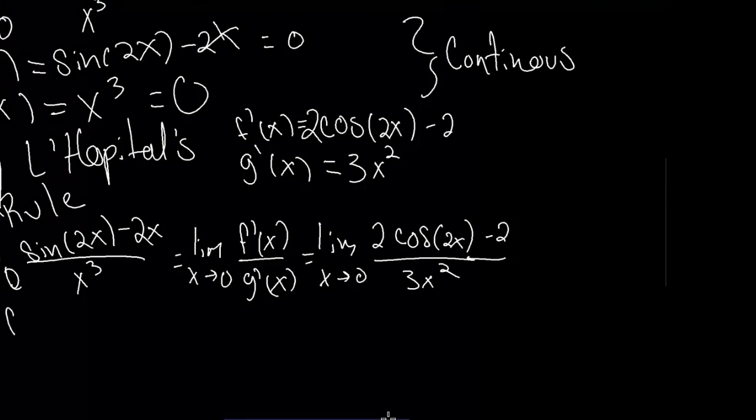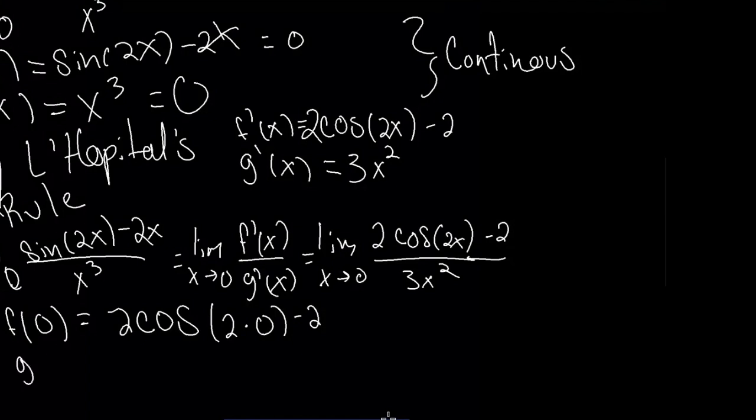So we'll have f of x. Actually, we'll plug in 0 into f of x. This is going to be our numerator. So we have 2 cosine times 2 times 0 minus 2. And we'll do the same thing for the denominator, right? We'll plug in 0 for the denominator, and we'll set that equal to g of x: 3 times 0 squared. Okay, so let's do the simple part.